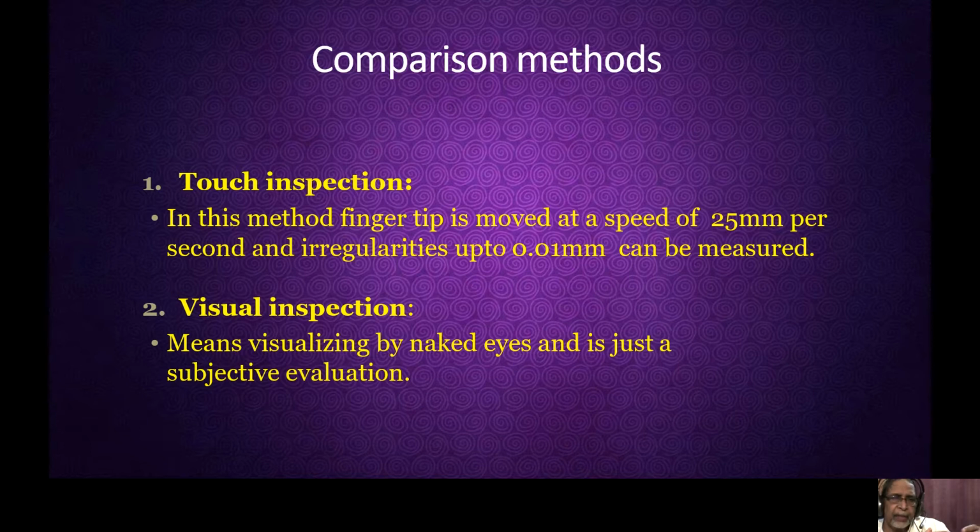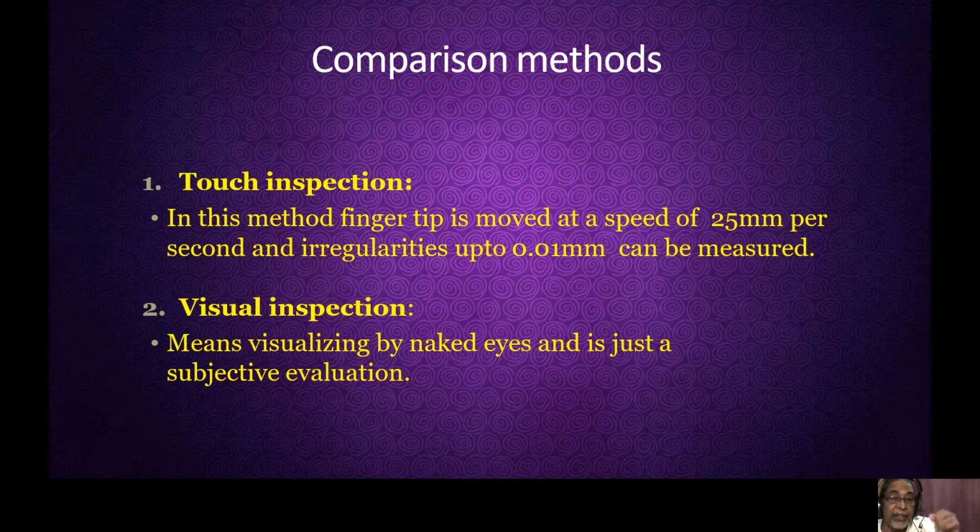This is a manual method where we use our finger.